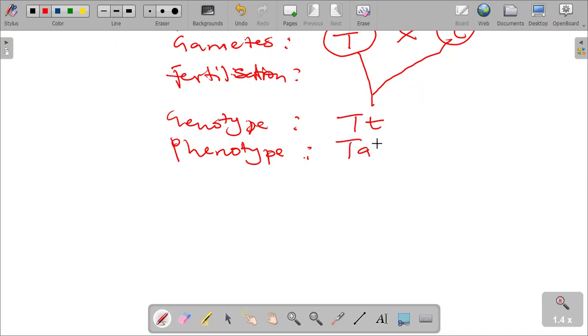Which is going to mean to say tall. So our F1 of a monohybrid cross has got 100% tall.